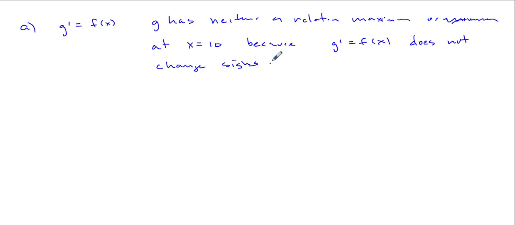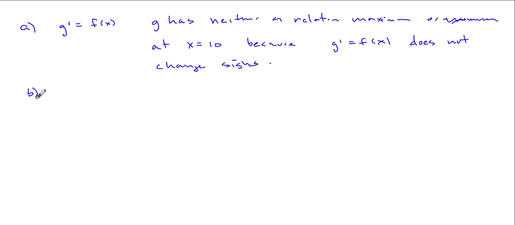Now we could talk about x equals 10 is a critical number, but it doesn't change signs. The other thing you could say is that g prime, which equals f, is always negative around x equals 10. That would be okay too. That's just also saying it doesn't change signs.